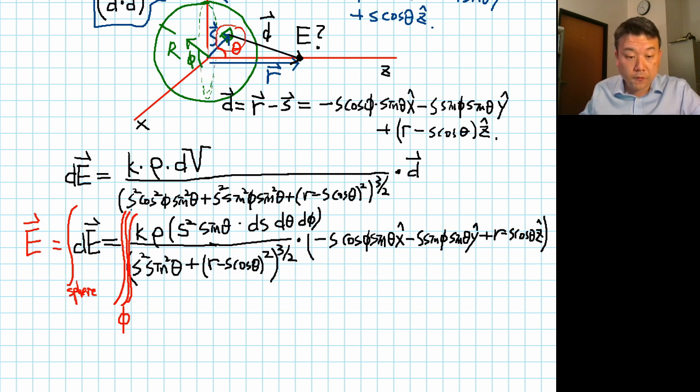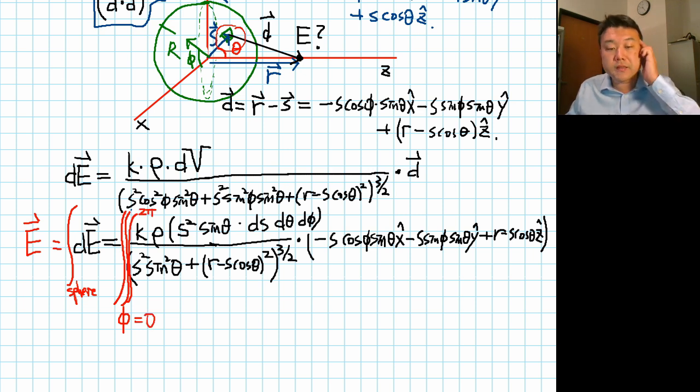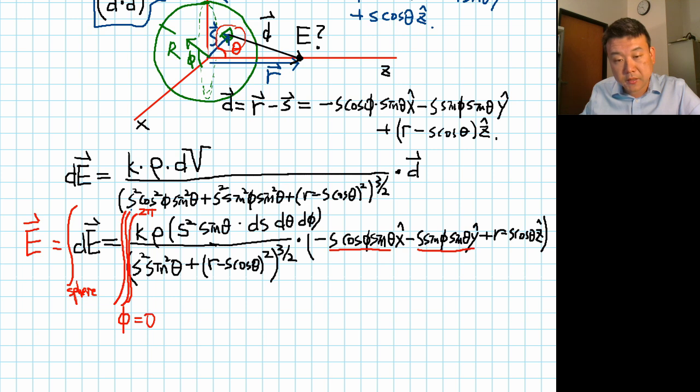If you stare at this expression long enough, you realize something. A lot of the expressions here don't depend on phi. In fact, only two terms actually depend on phi: the x component here, and the y component here. In particular, they depend on cosine of phi and sine of phi.